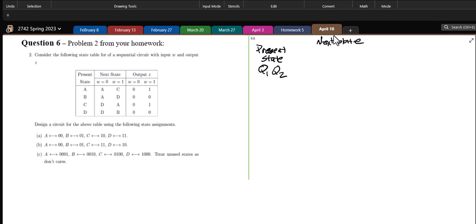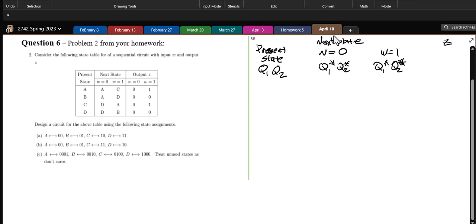If W equals 0, then I'll have Q1 star, Q2 star, and if W equals 1, I'll have Q1 star and Q2 star. And my output Z, this is a Mealy machine because I have different outputs depending on my different inputs. If it was Moore, I would just have 1 column here and not 2 columns.